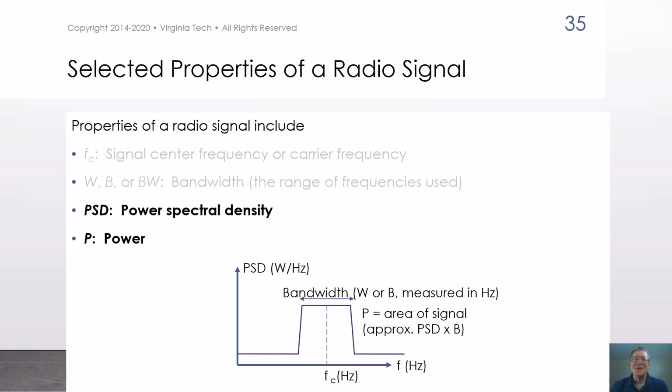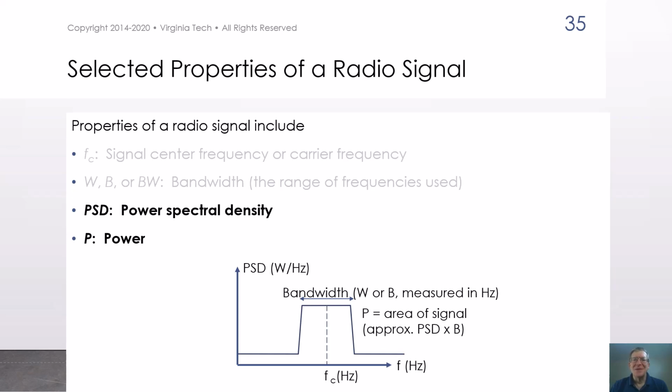A signal also has a corresponding power level, but the power is spread over the signal bandwidth, so the vertical axis in our figure is power spectral density, or power per unit of bandwidth, for example, watts per hertz of bandwidth.